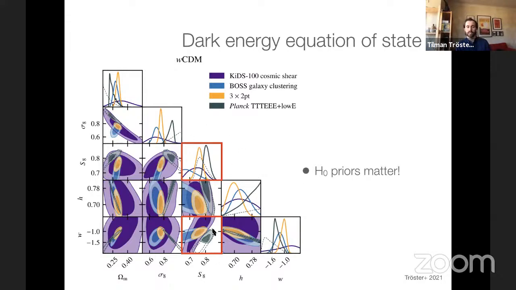But if you just look in this S8-w space, the tension is still 3 sigma. And if you take the whole parameter space, you're still at 2-something sigma tension as before. So adding that freedom of varying the dark energy equation of state doesn't really resolve the tension between Planck and the low redshift measures we do.